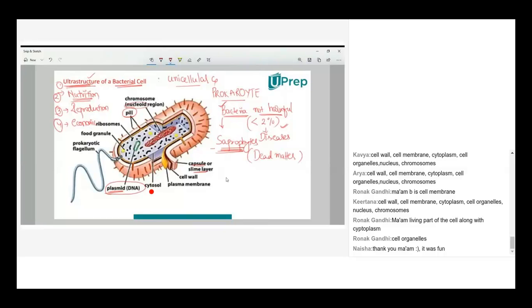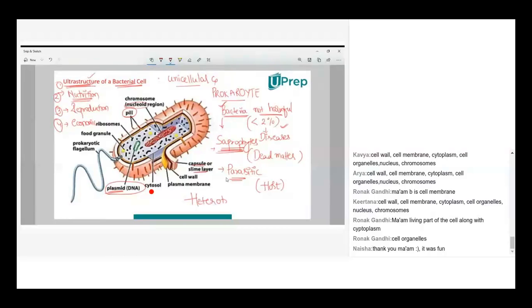Then the second category of nutrition mode in bacteria is parasitic. Most of them are saprophytes and the remaining are parasitic. Parasitic means they depend on a host for their nutrition. Both methods we call heterotrophic.